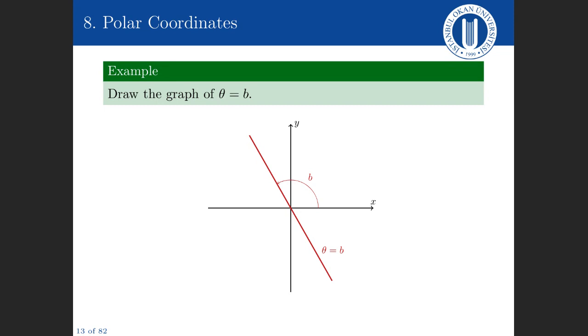Suppose we start with our ruler like this, with 0 at the origin, and then let's suppose that we rotate this by an angle b. We would have something like this, and then we draw along the ruler to get the graph. We're going to be drawing a straight line which passes through the origin and which has an angle b.